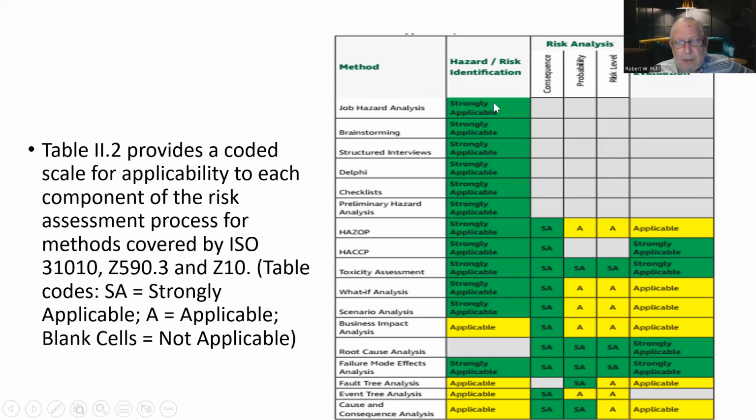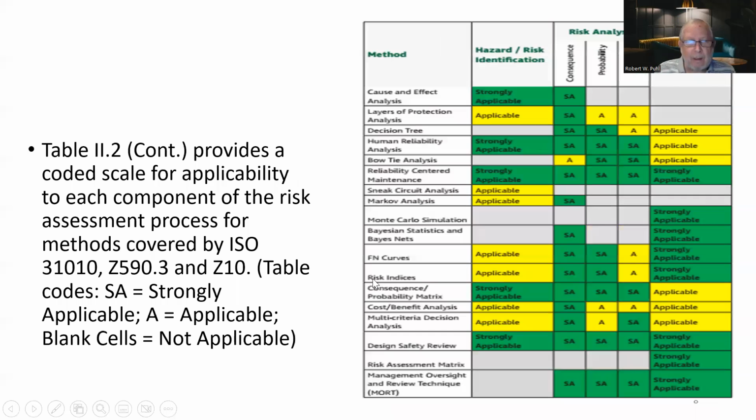Like a job hazard analysis is hazard risk identification only, as is brainstorming, structured interviews, Delphi, checklists, preliminary hazard analysis. Although, again, it's kind of hard to put each of these into that specific an area. But there's a kind of a guide for you there.